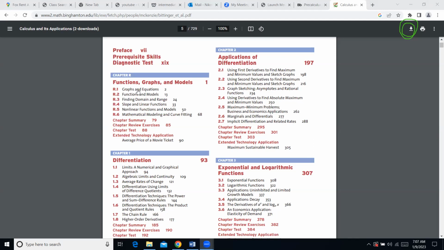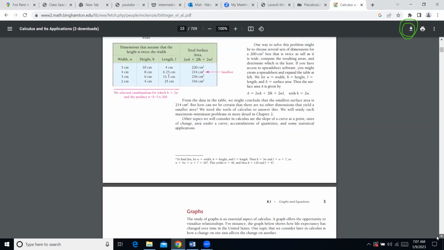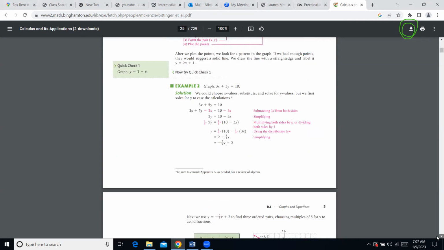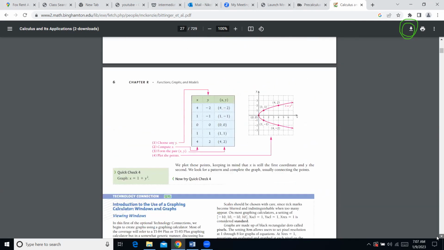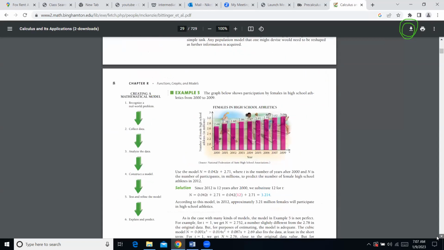I guess that's the convenience. I'm going to click on R1, that's our first section of the first chapter, and take a look at what we did last time. And we also had a little quiz last time.